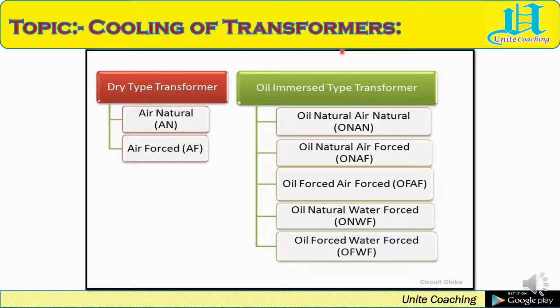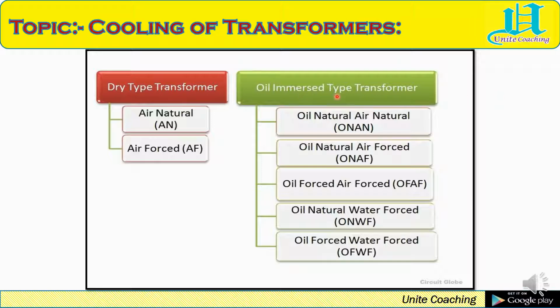So basically, we provide two types of cooling in a transformer. For dry type transformers, we use air natural cooling or air forced cooling, so the medium of cooling here is air. For those transformers which are of high rating and which are in operation 24/7, oil cooling is utilized.